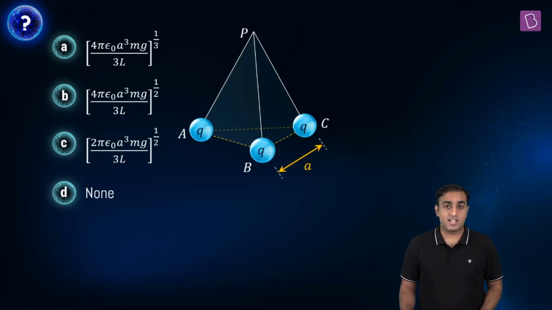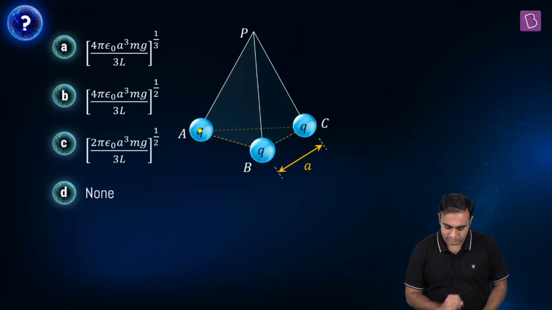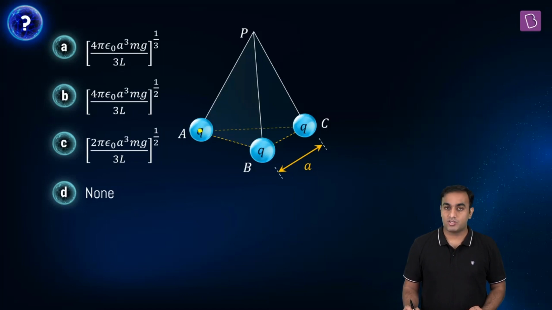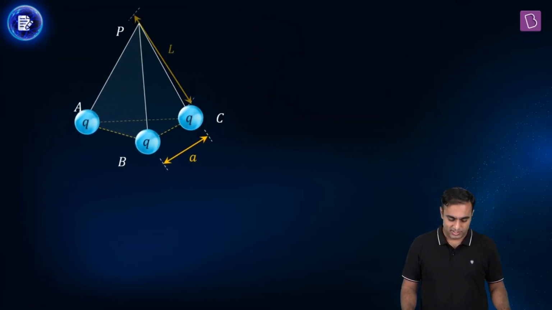Well, these charges are in the horizontal plane, so you need to consider the net force acting on either of these charges along the horizontal plane. If you consider one of these charges, take all the forces acting on it, resolve those forces along the plane, add them up, and they should give you 0 in magnitude. That's what it means. Alright, let's do that.